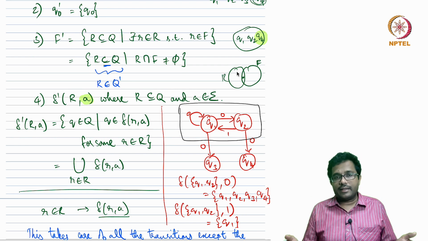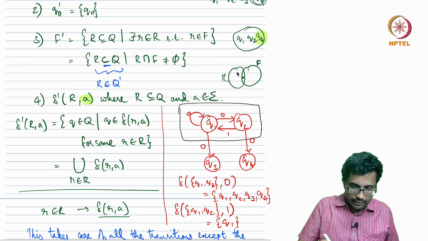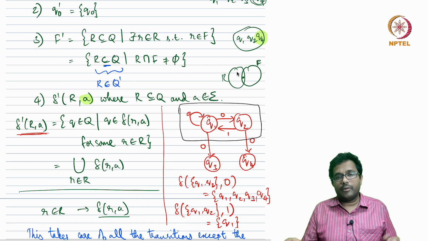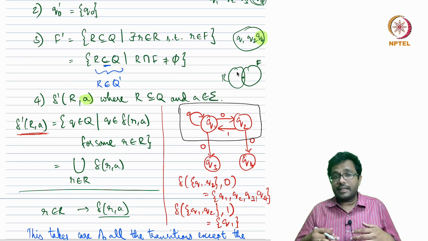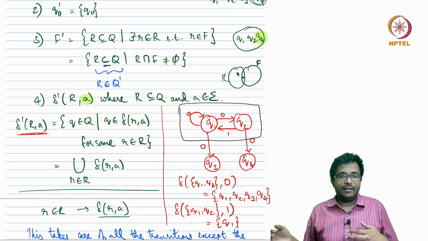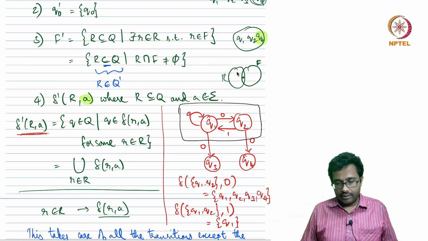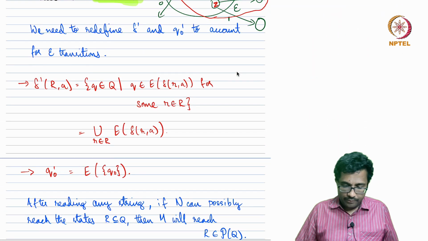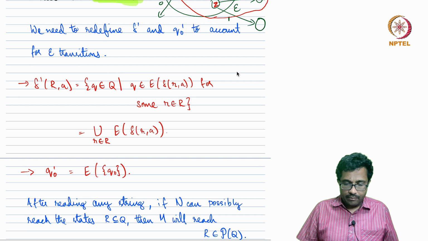Let's say you got a collection of states, which is given by delta prime of R comma A. This is a set of states. Now from this set of states, perhaps there are epsilon transitions that take you to some other places. Now we want to include that as well, right. So how do we include that?